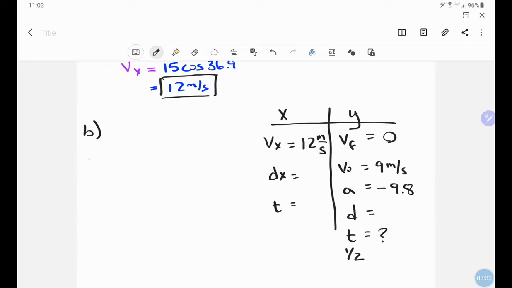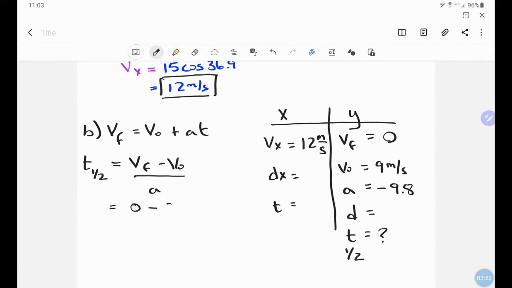Based on the variables I have, I can use the first equation, which says V final equals V initial plus AT. So the time for the projectile to go through half of its motion would be final minus initial over A. So that's going to be 0 minus 9 over negative 9.8, which is 0.92 seconds. So this value here, 0.92 seconds.